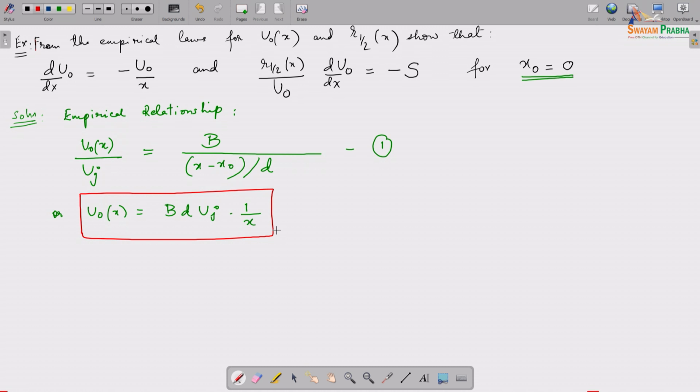Now, using this, we will take a derivative, differentiating with respect to x, and see what we get here.